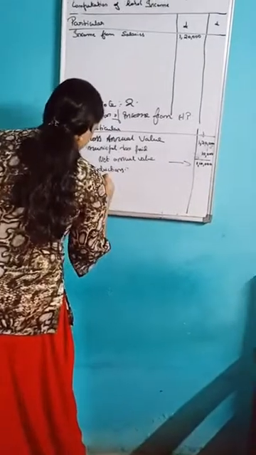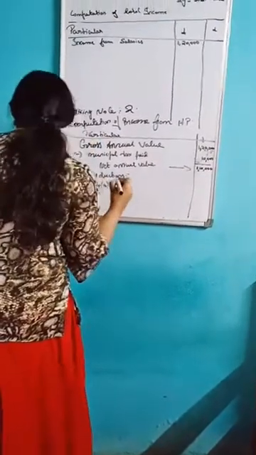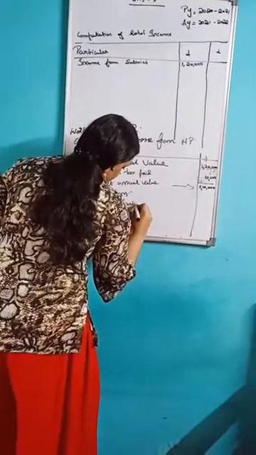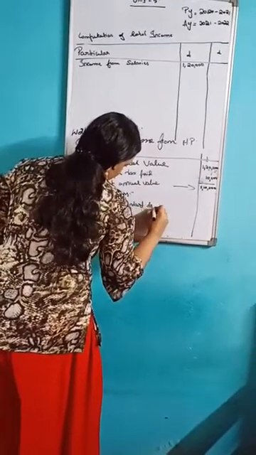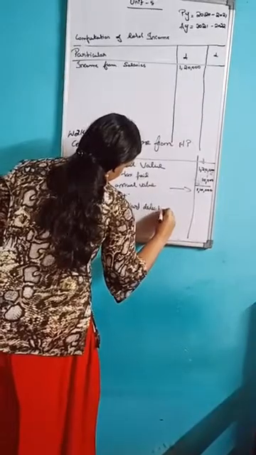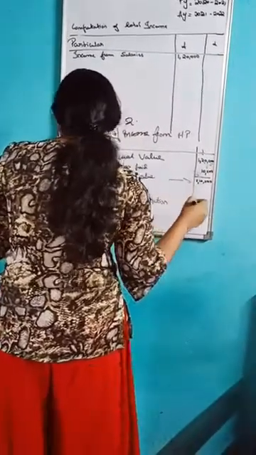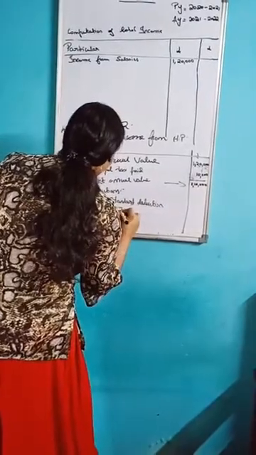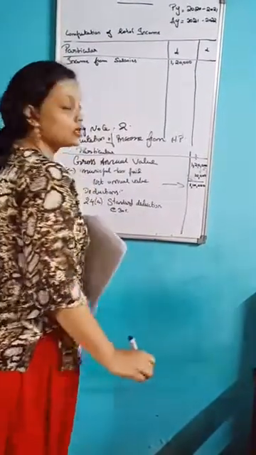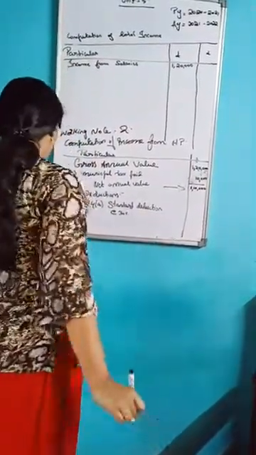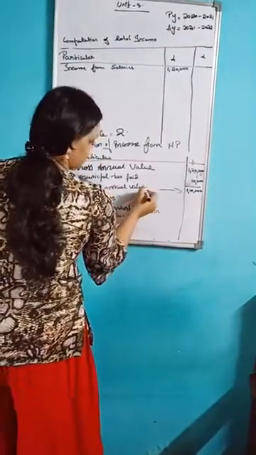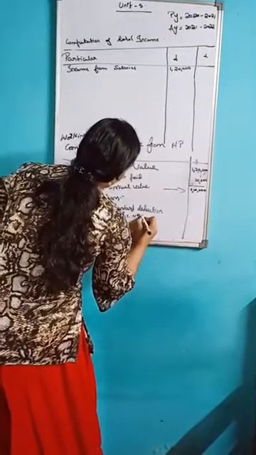That is 24 subsection A, standard deduction, that is 30% of NAV.